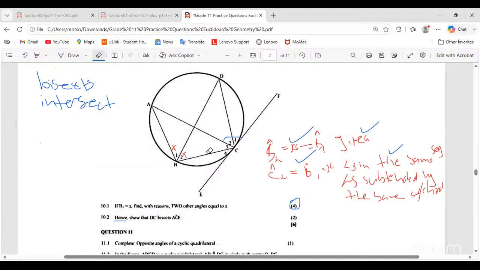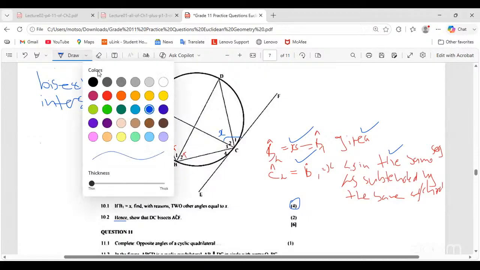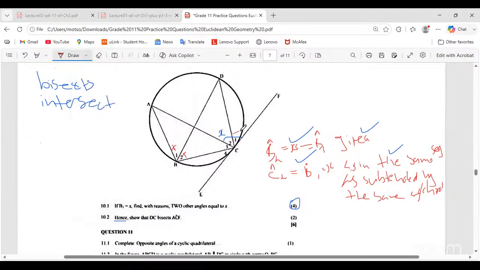So now we have shown in 10.1 that this angle is X. The reason behind that statement is because those are the angles in the same segment. So now we have to show that this angle is also X. This is the angle between the tangent and the chord. Therefore, if we go to this triangle BCD, we will go to the angle that is exactly opposite to that chord, which is this one. So this angle will be equal to that angle.